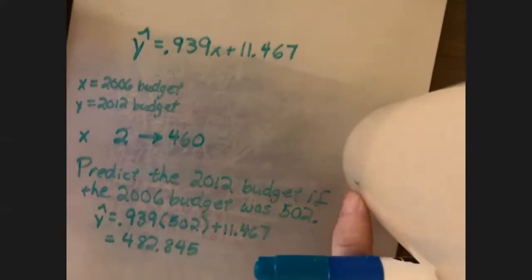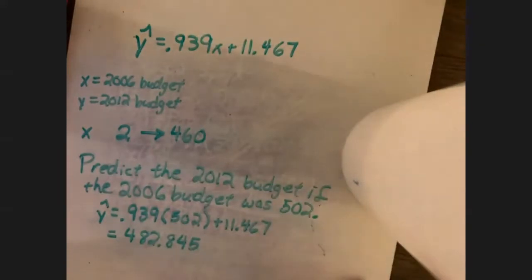Bring that down a little bit more so you can see. Okay. Now, this is the predicted budget for 2012. They may not have gotten 482 million. Okay, I think all of this was in millions. They may not have gotten that amount. They may have gotten 500 million.